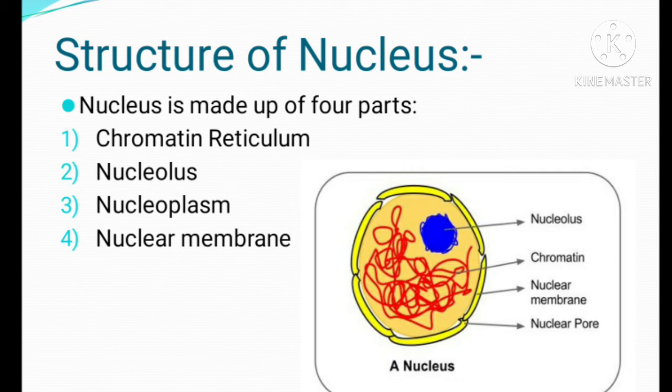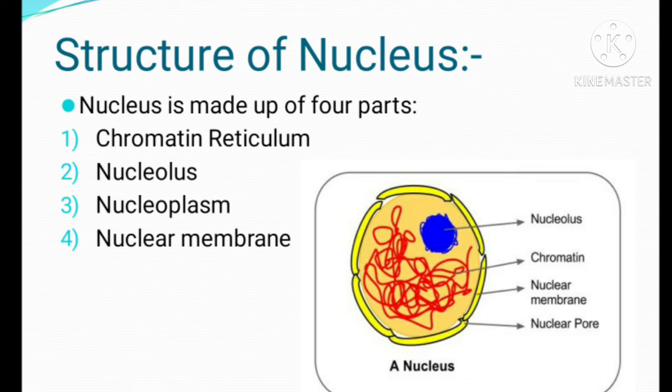The nuclear membrane is a discontinuous structure. It is interrupted by many small pores called nuclear pores. Through the nuclear pores, the nucleus communicates with the cytoplasm of the cell.